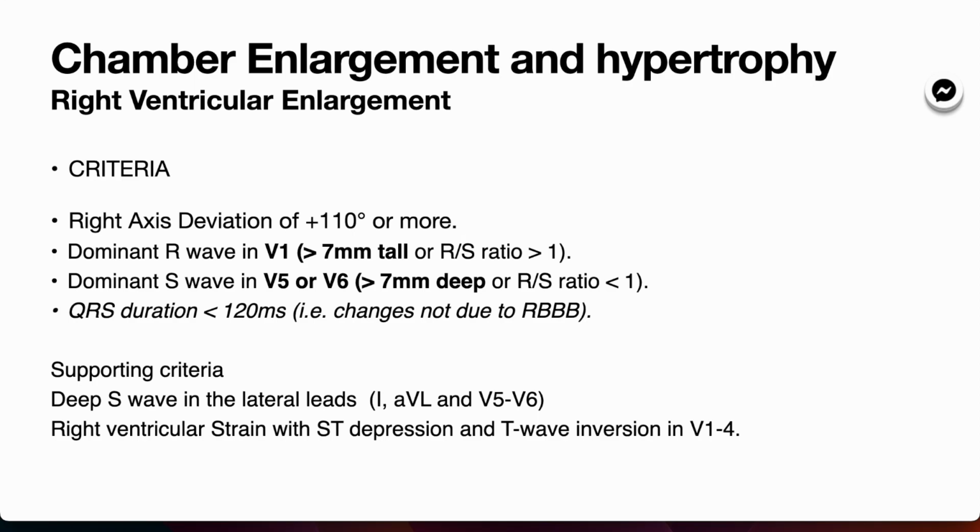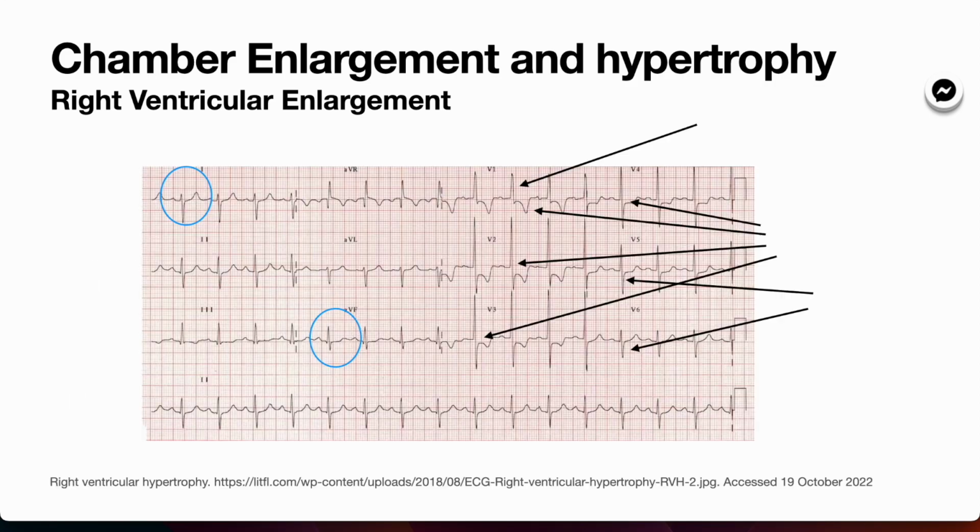Other supporting criteria include deep S waves in lateral leads, 1, aVL, and V5, V6, and right ventricular strain with ST depression and T-wave inversion in V1 to 4. So for criteria for right ventricular enlargement in this particular slide, in V1 you can see that the R wave is more than 7 millimeters.